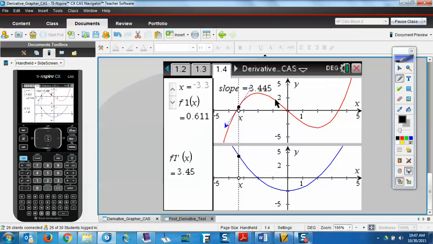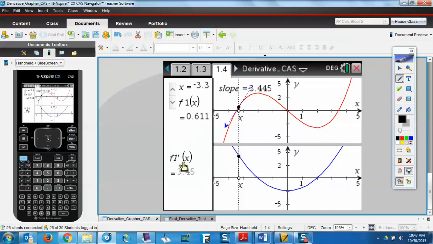Okay, so here's f in red. Here's f prime in blue. So f up here, f prime, you can see it right off to the side here.